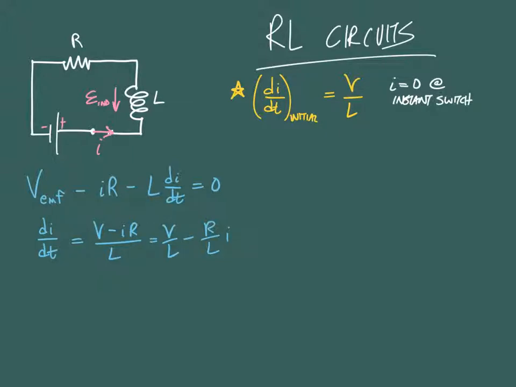At that very moment, you close the switch, you don't instantly have current. You don't instantly get anything in reality. Okay, it's always up the time. So all we have initially is V per L at that very time equals 0, the instant of the switch being closed. All right.